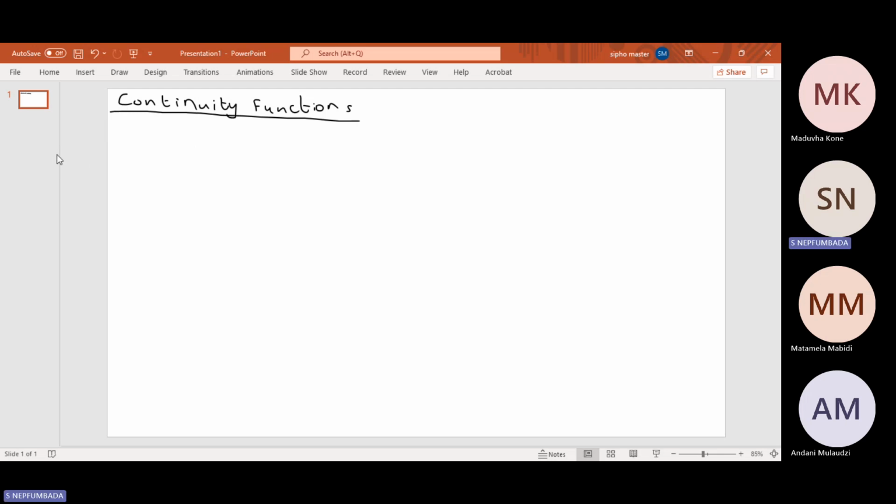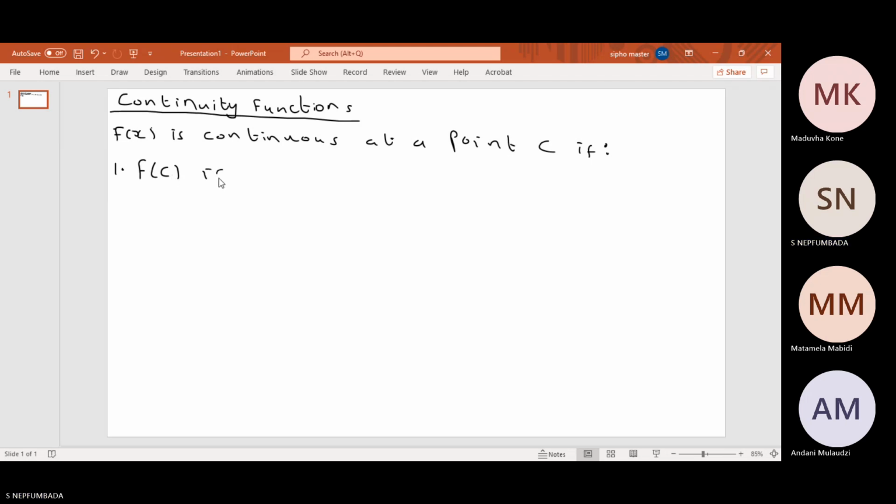How do we see that a function is continuous? So f at x is continuous at a point C if, number one, if f at C is defined.